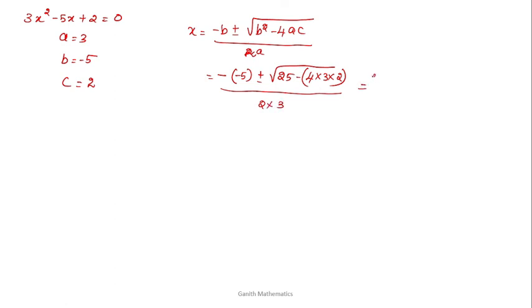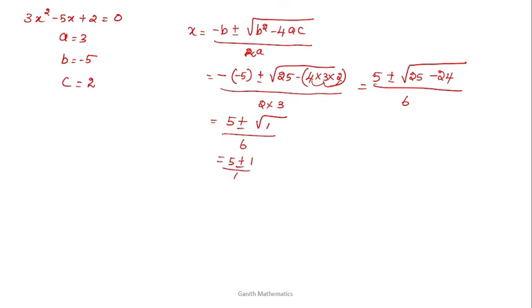So minus of minus 5 will be plus 5 plus or minus square root of 25 minus 4 3s are 12, 12 2s are 24, divided by 2 3s are 6. So which is equal to 5 plus or minus square root of 25 minus 24 will be 1, divided by 6. So it is 5 plus or minus 1 by 6.